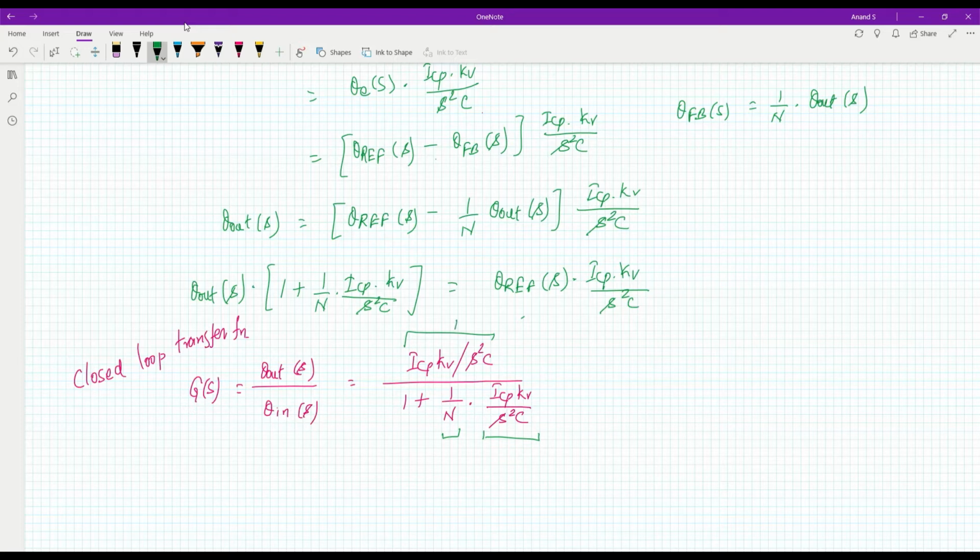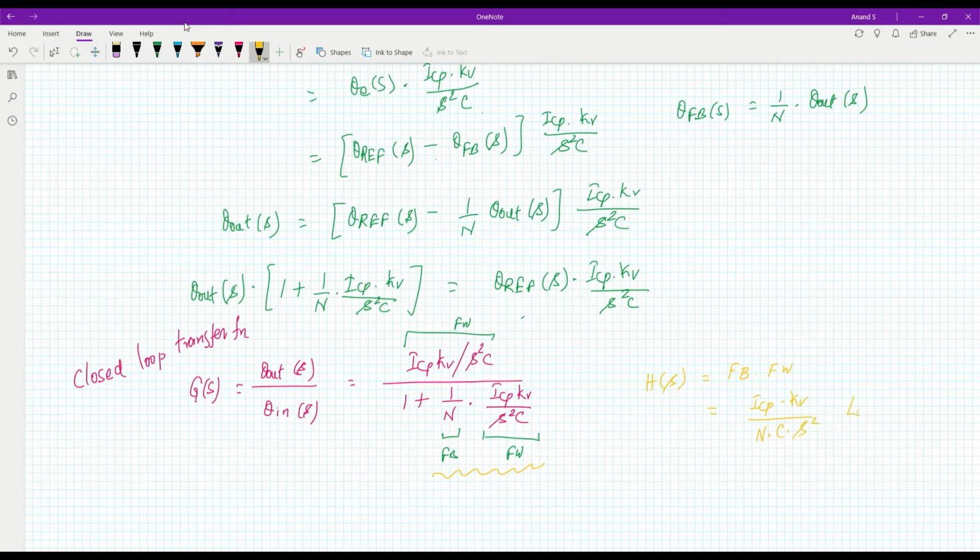Okay, I can represent this whole thing as H of S, which is given by the product of feedback path gain multiplied by forward path gain, which is ICP into KV divided by N times C into S square.